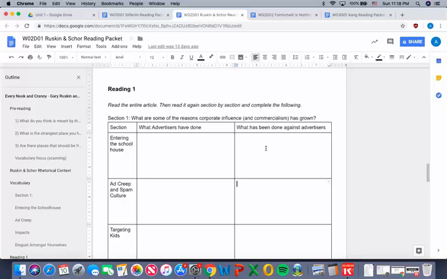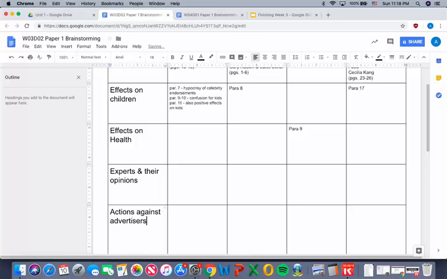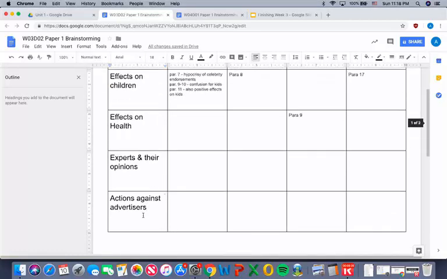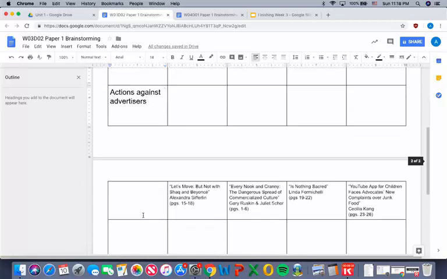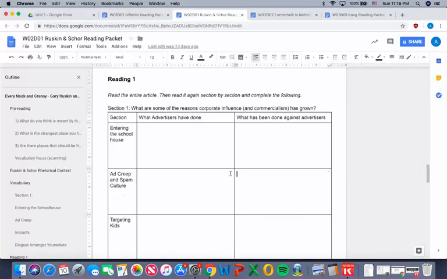So maybe we can frame this as actions against advertisers. That's one thing we can put down as a possible theme. There are a lot of different themes that can emerge from this process. I'm just showing you that if you look at the reading packets, you can find some of the main themes that come up.